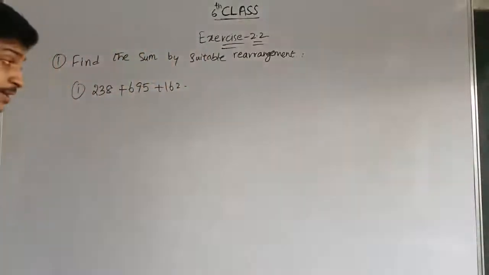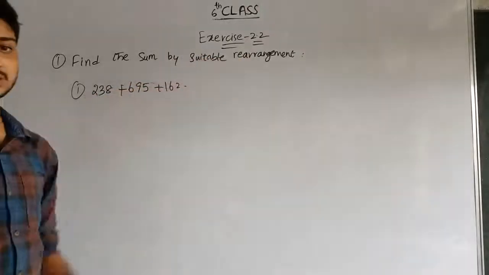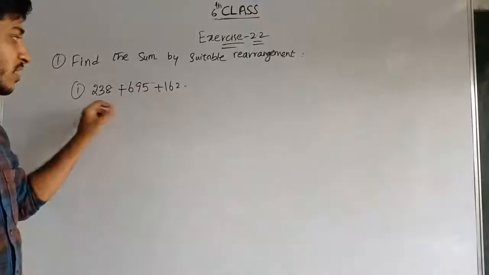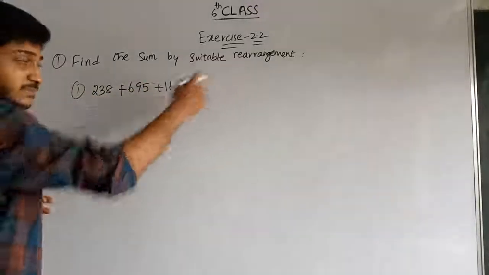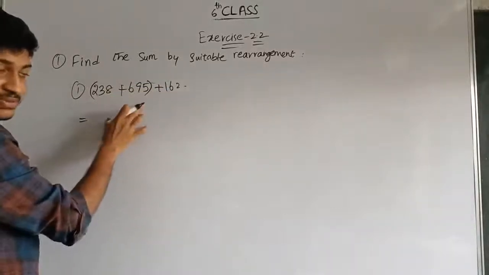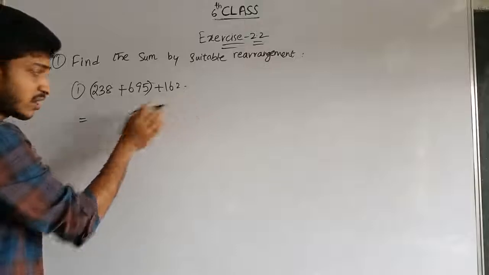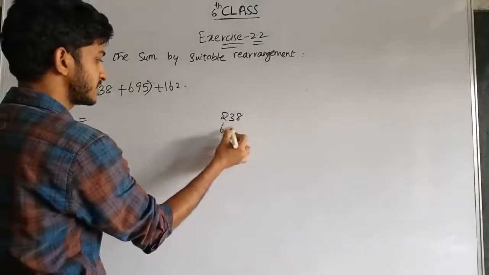See here, we have to add these three numbers by suitable rearrangement. Here we don't add these three numbers directly at a time. Suitable arrangement means first of all we have to add two numbers, and then later the sum must be added to the third number. So first add these two numbers, 238 plus 695.